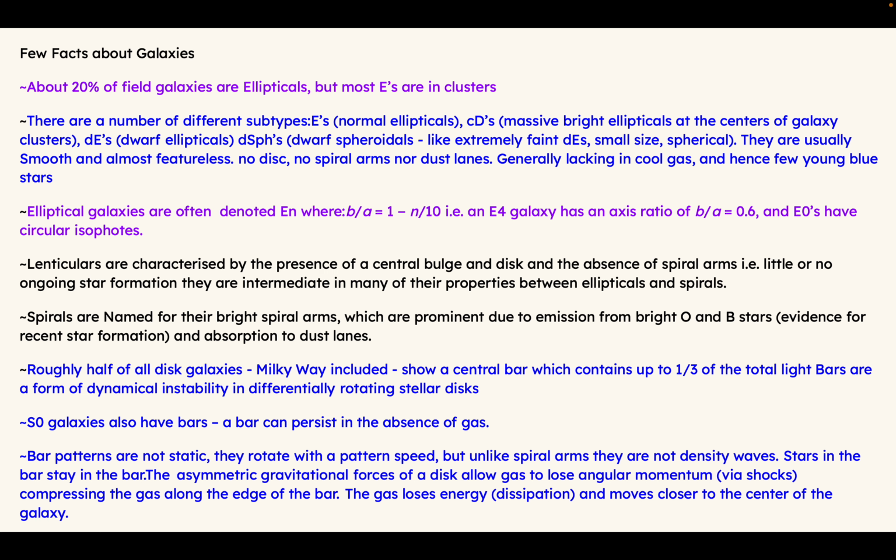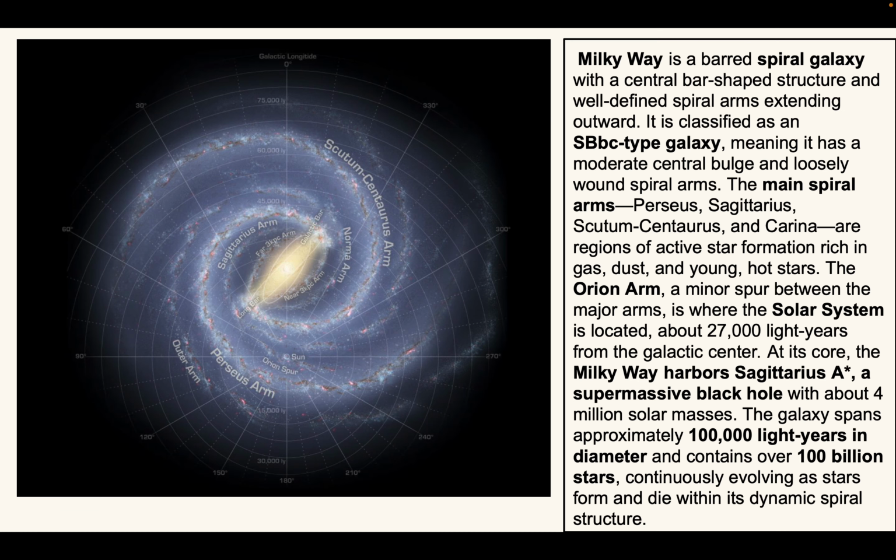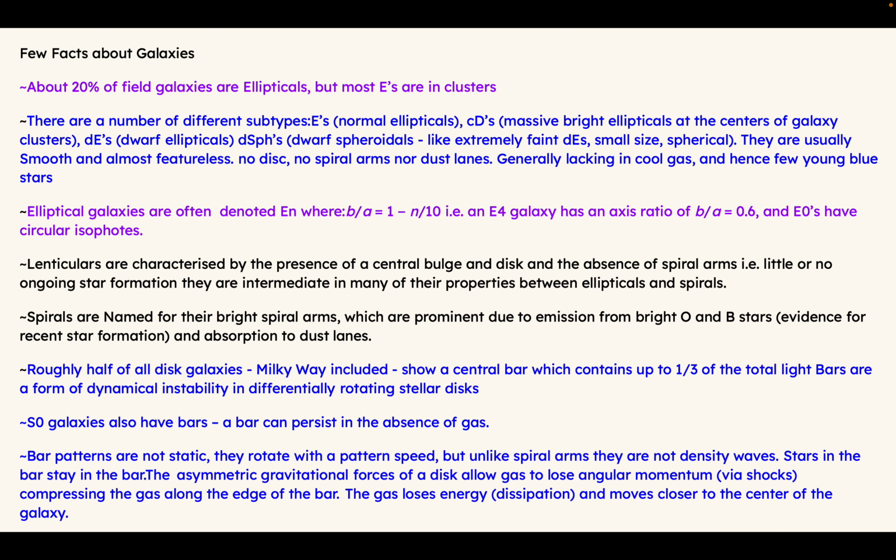Now we will discuss a few general facts about galaxies which are seen from observation. There are many facts; we are discussing just a few. About 20% of the field galaxies are found to be ellipticals, but most ellipticals are found in clusters.